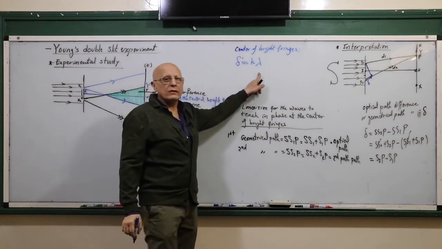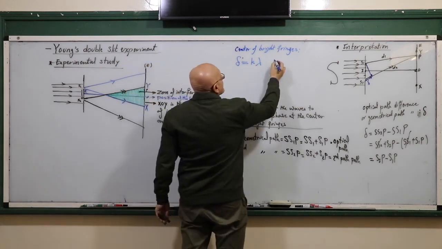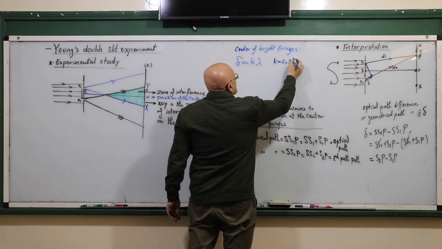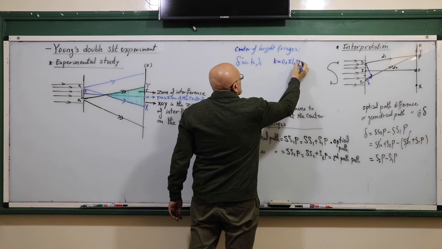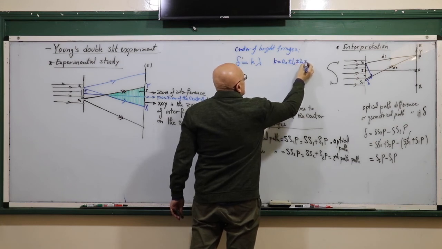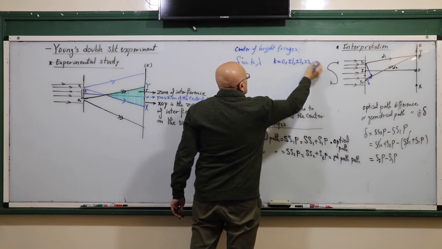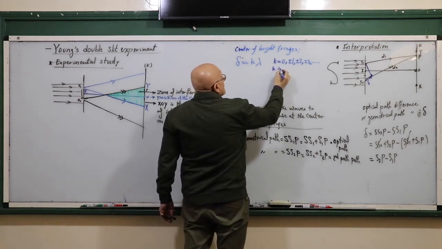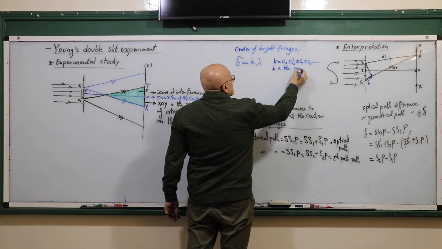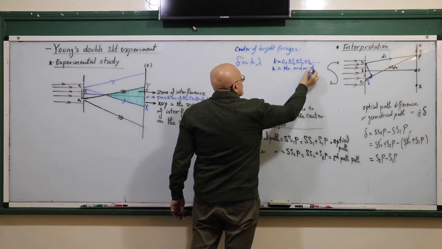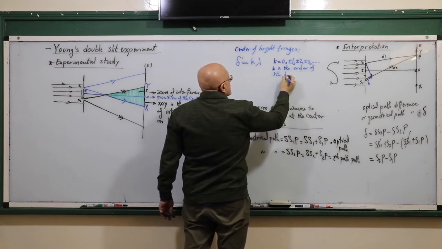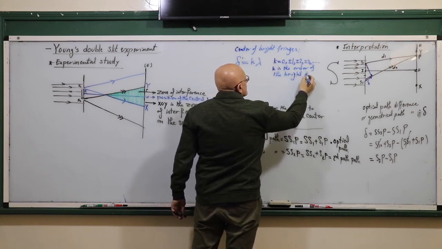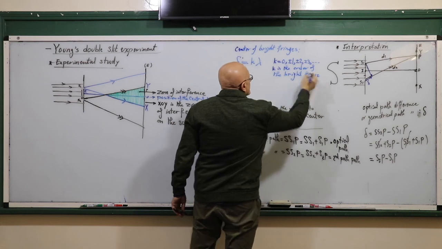Whole multiple of lambda, where k here is equal 0, plus minus 1, plus minus 2, plus minus 3, etc. K is the order of the bright fringe, okay?